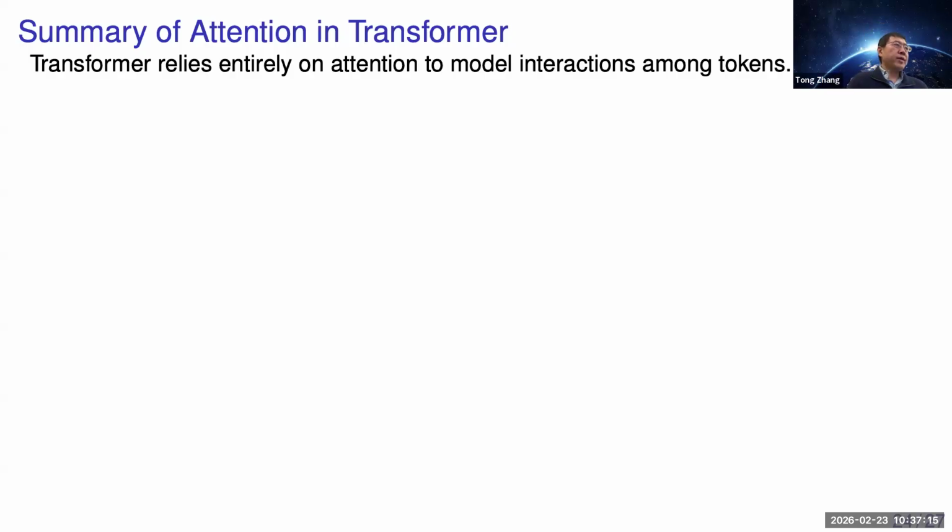So one thing I just want to stress again is there's no recurrence in the transformer. It's solely on attention to model interactions among tokens. Right. So we all know that pre-transformer, sequence models were very good at capturing relationships of different tokens, or different dependencies. But here it's all attention, so there's nothing else.